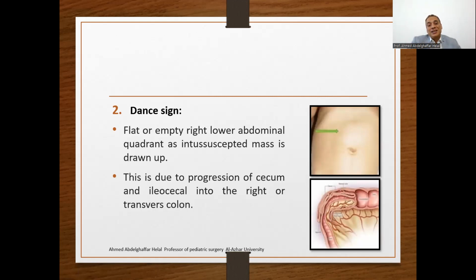And this is called Dance's sign. It is due to progression of the ileocecal region into the right colon. As we see here, there is progression of the mass into the transverse colon, and so the right lower quadrant of the abdomen will appear empty.